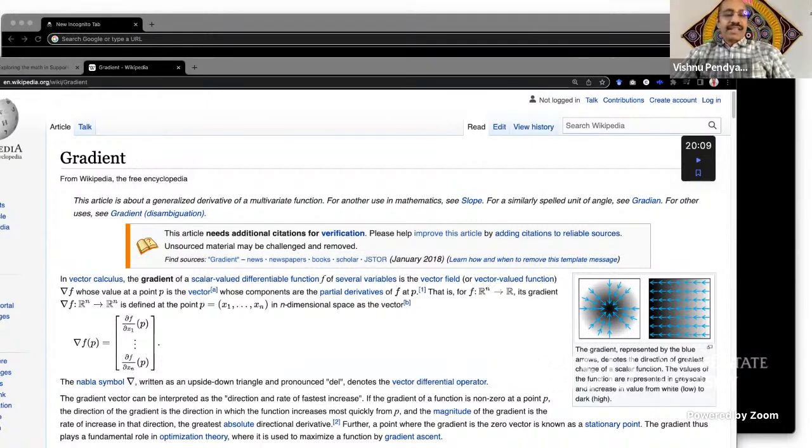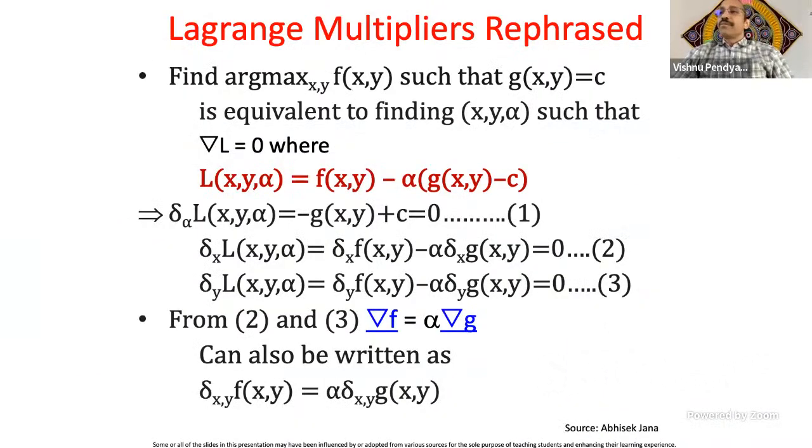So we can simplify the notation a little bit by calling the partial derivative of L with respect to alpha as delta alpha, and the partial derivative of L with respect to x as delta x, and so on and so forth. For the partial derivative of L with respect to alpha, the first term has no alpha term, right? So the first term derivative becomes 0.